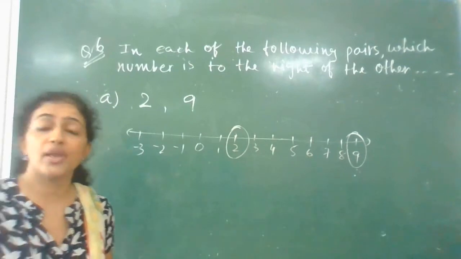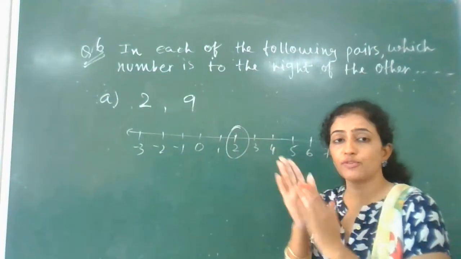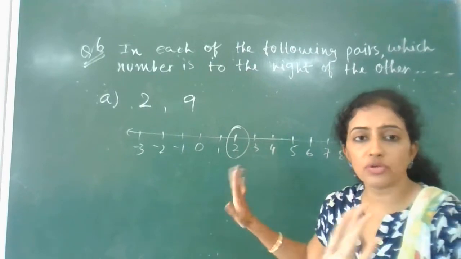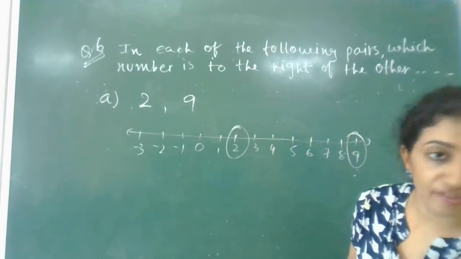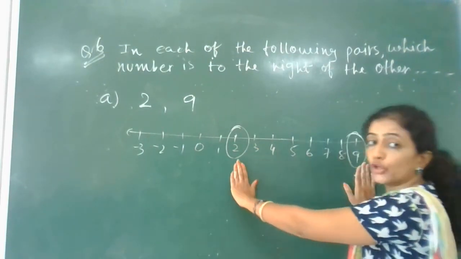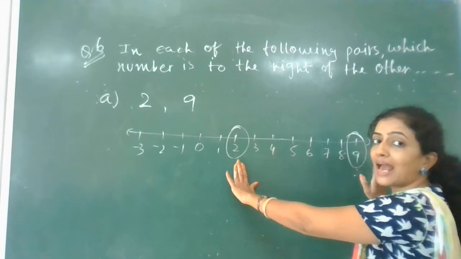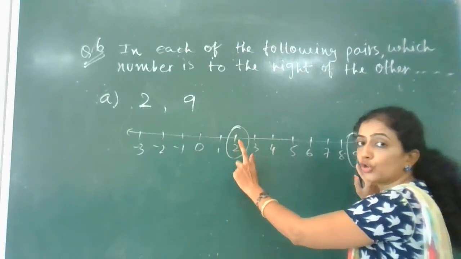Now you have to say which number is on the right side. So this is the best way: you just put your hands on the numbers and see which is on the right hand and which is on the left hand. You can see my right hand is on 9 and my left hand is on 2.